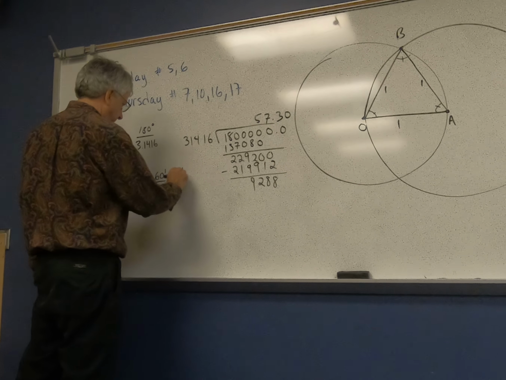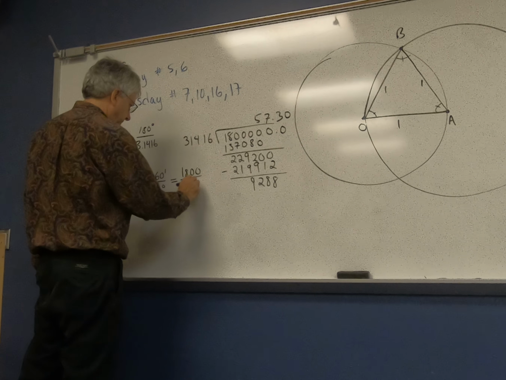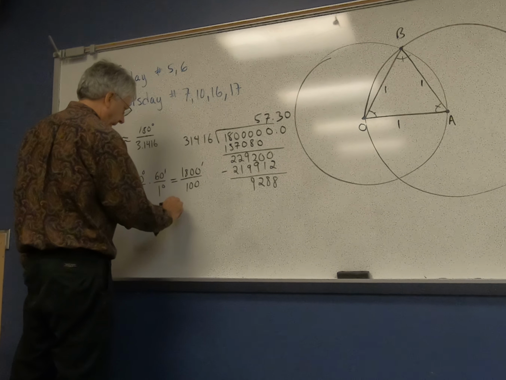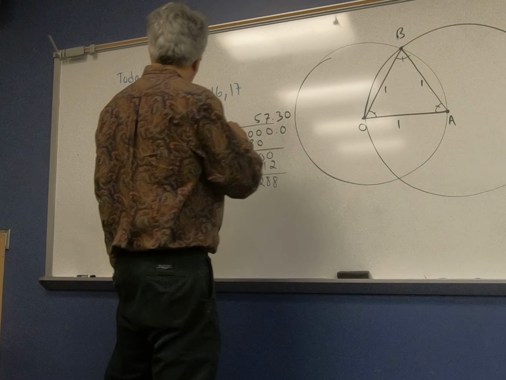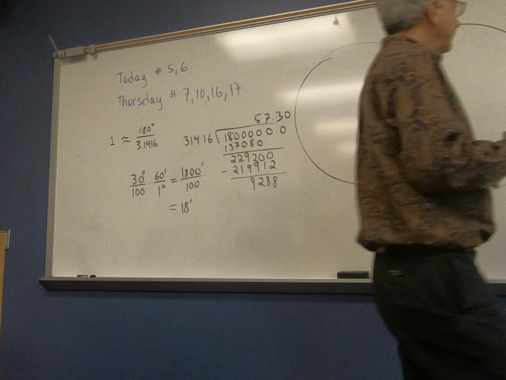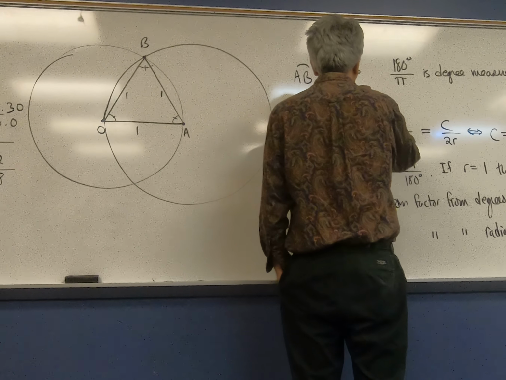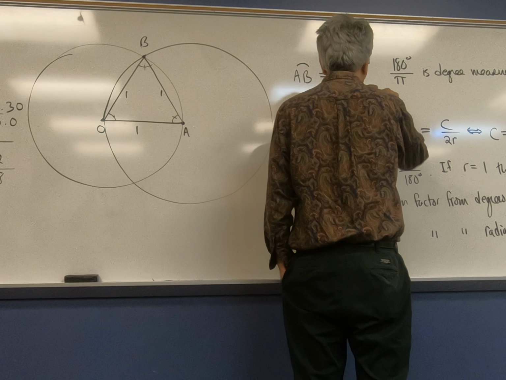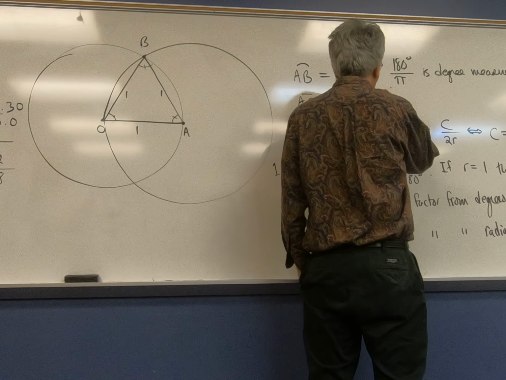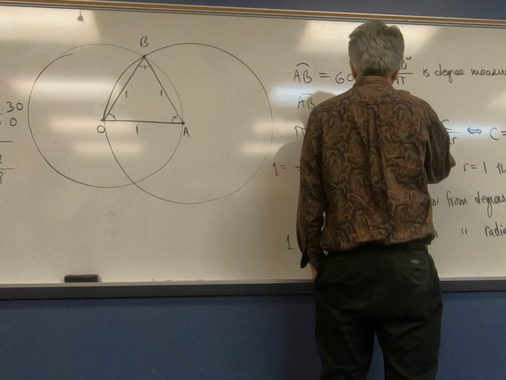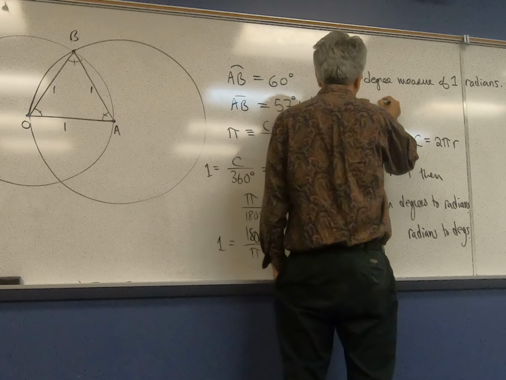So you're going to have 1800 over 100, or simply 18, and that'll be in minutes now. So this would be 18 minutes, and so we can say 57 degrees and 18 minutes. Or in our sexagesimal notation, that would be 57;18.